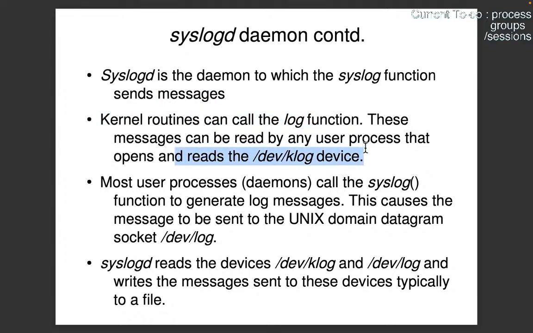These messages can be read by any process that opens and reads /dev/klog. Most user process daemons call the syslog function to generate log messages. This causes the message to be sent to the Unix domain datagram socket /dev/log. syslogd reads these devices, /dev/log and /dev/klog, and writes the messages, typically to a file.